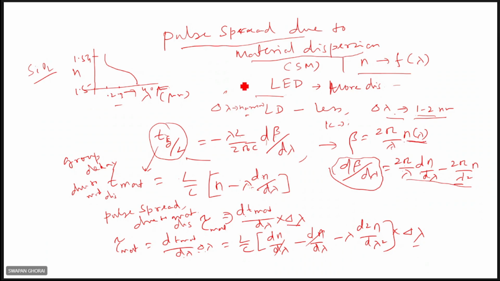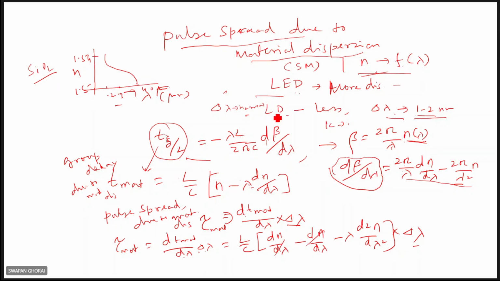Beta is a function of the refractive index. Actually, the refractive index varies nonlinearly with lambda, right? That is the actual cause of material dispersion. And since it depends upon the spectral width, an LED will provide more material dispersion compared to a laser source.